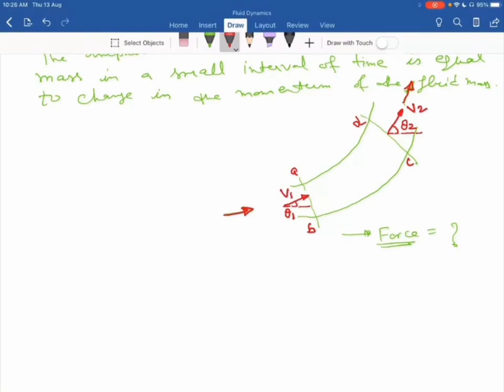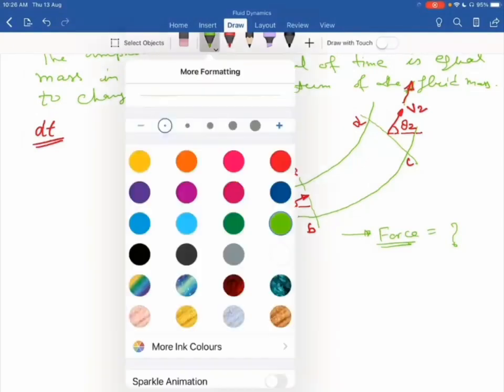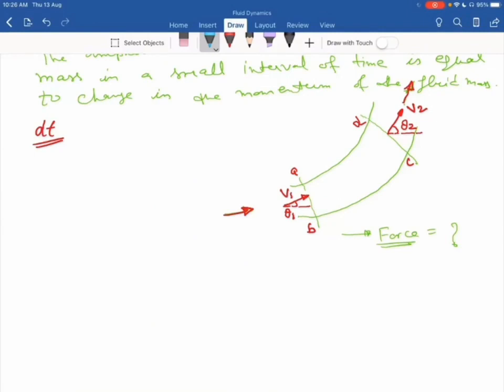Now say after time dt, the section AB moves to A dash B dash, and that distance is ds1. Similarly, the section CD moves to C dash D dash, and the distance is ds2.